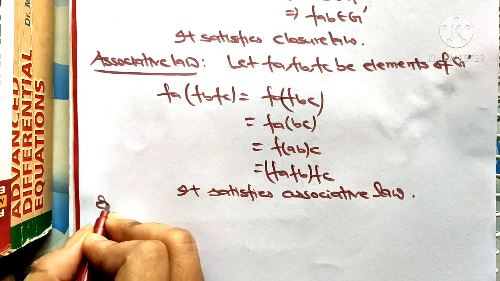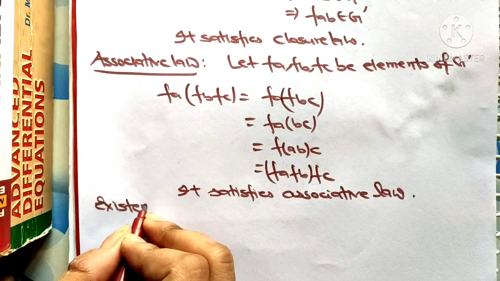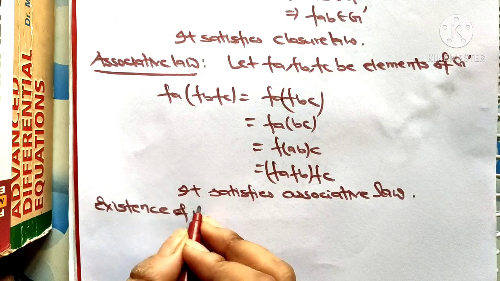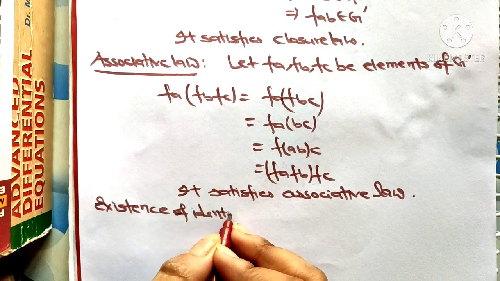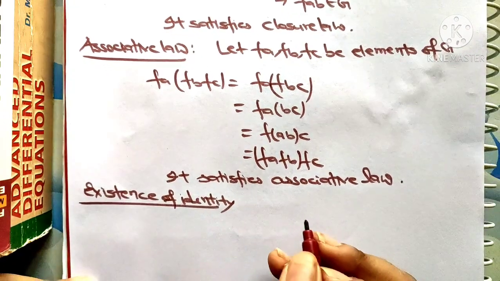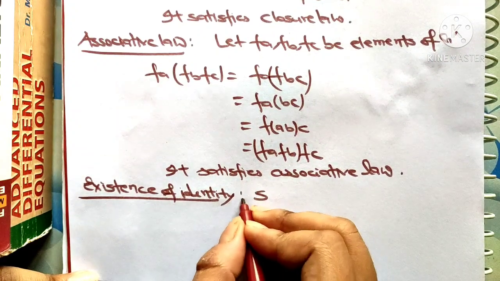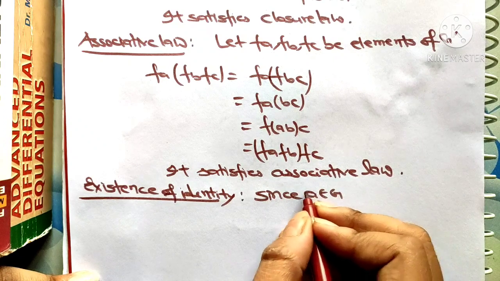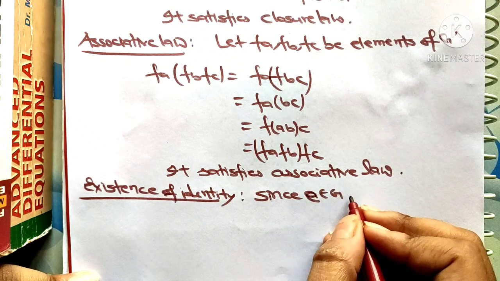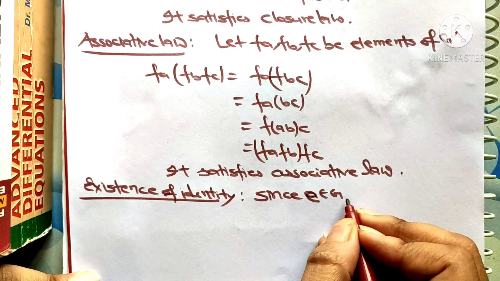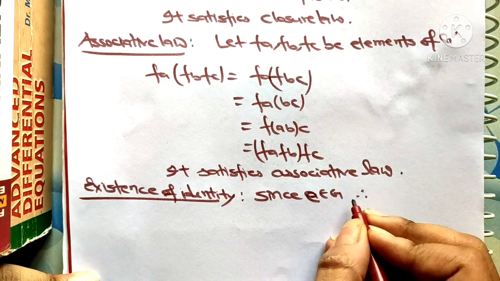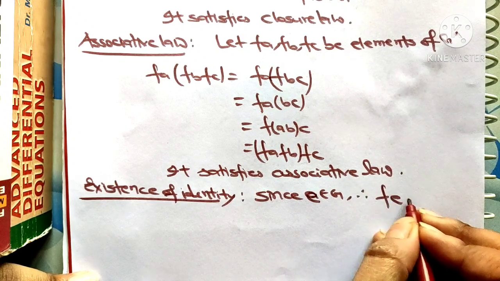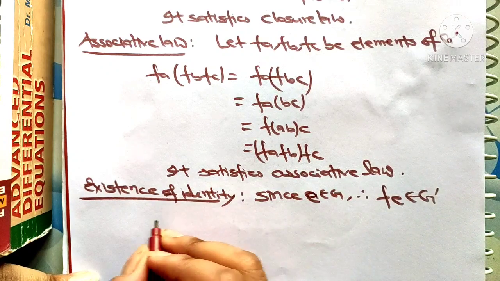Now, existence of identity. Let A be an element. Since E belongs to capital G, E is the identity of group G. Therefore, f of E belongs to G dash.